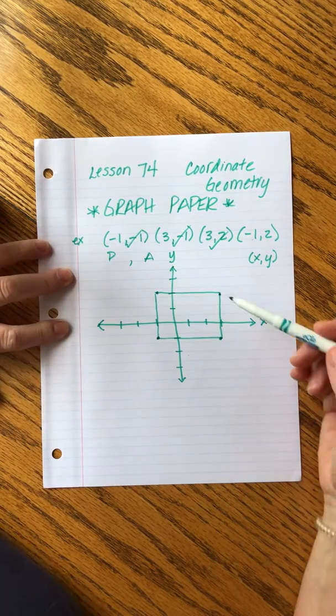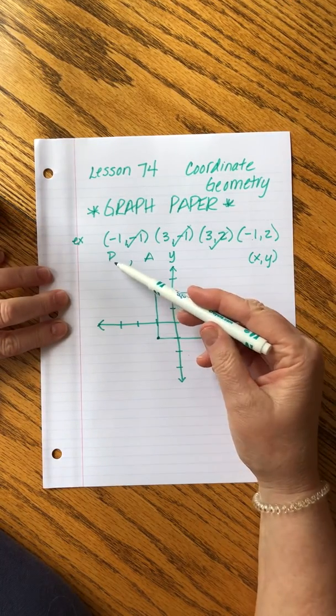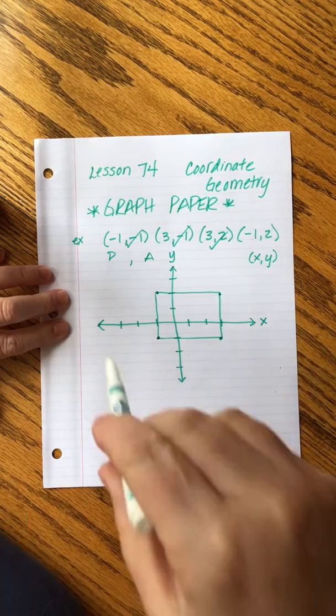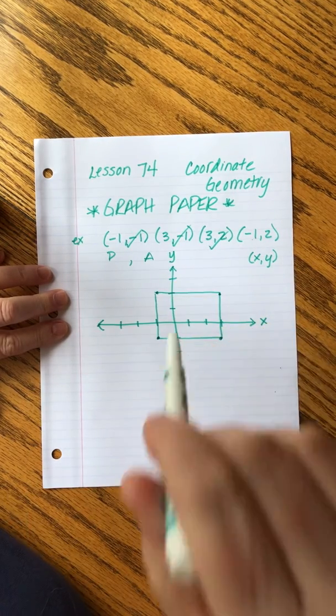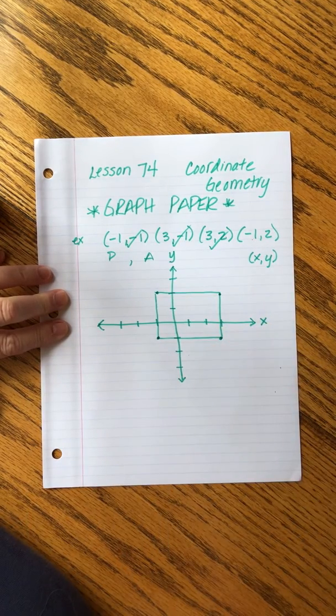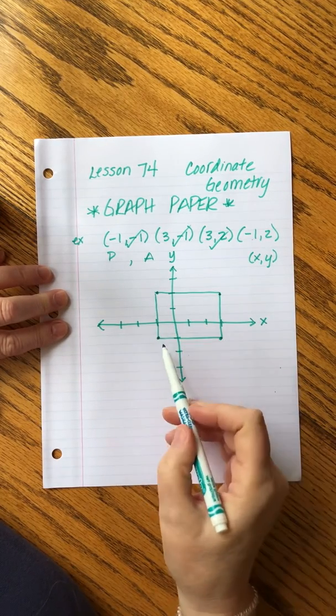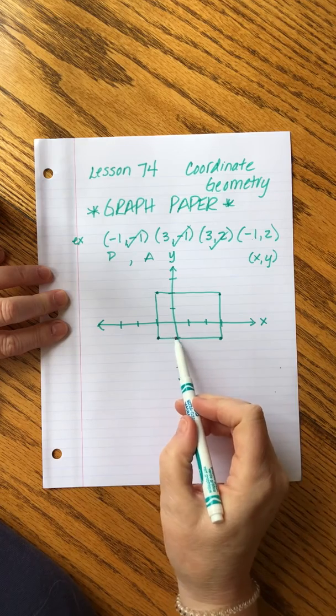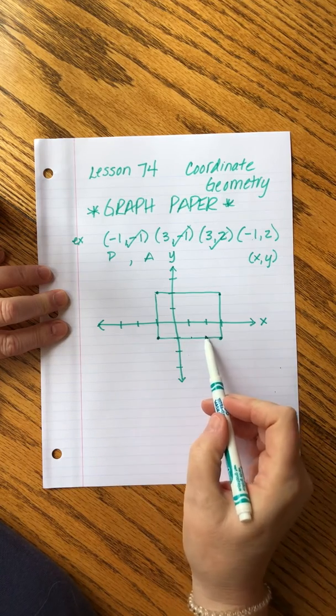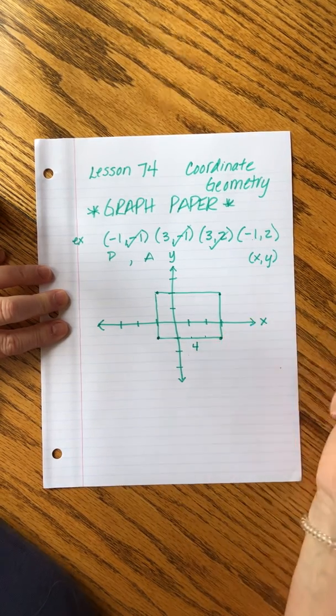Okay. So the next question is to find the perimeter. Perimeter is the distance around the object, and especially if you have graph paper, this is super easy to find because we can just count the boxes. I can count using my hash marks. I'm starting here, and I go 1, 2, 3, 4. That tells me this distance is 4.